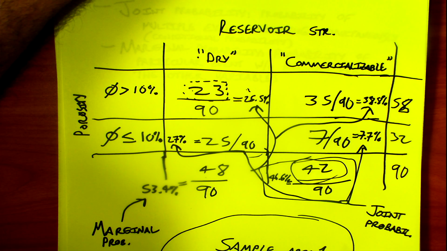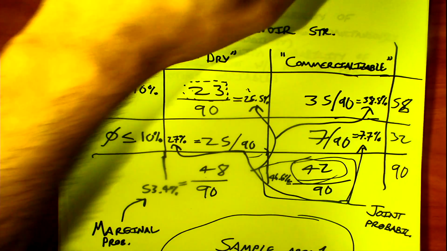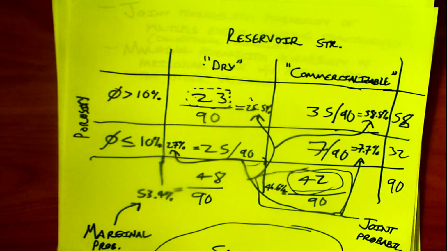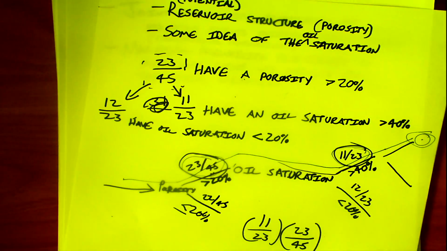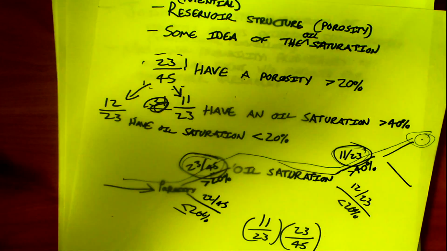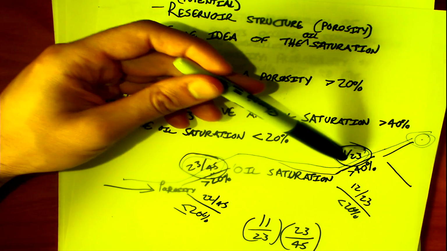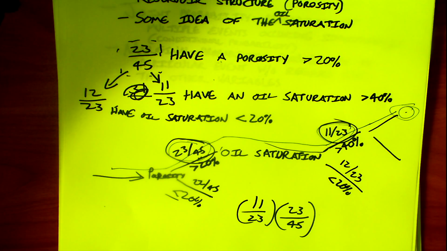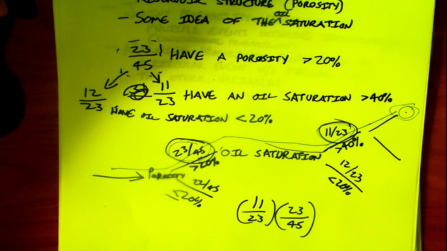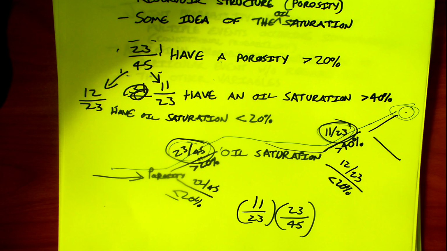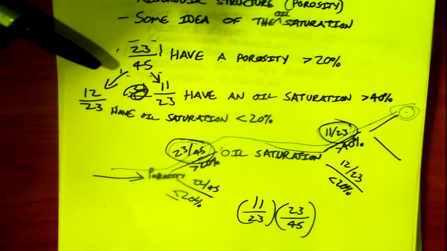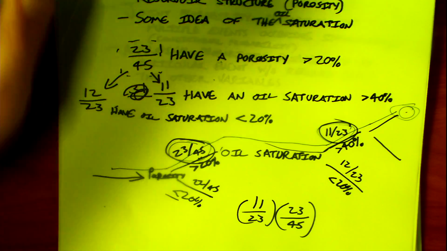So the last thing that we're doing today, and this is actually moving a lot faster than I thought, so when we talk about tree diagrams, the probability that we're assigning to each branch is really just based on what that branch represents. For example, here we have porosity greater than 20%, or saturation greater than blah.